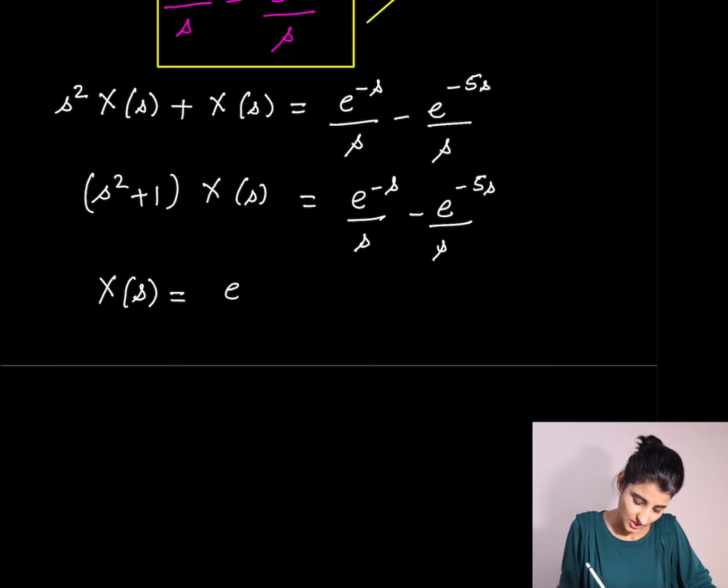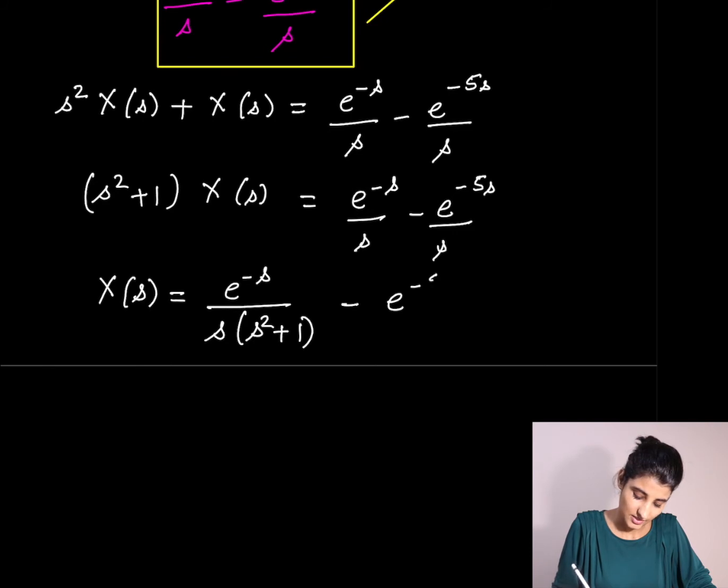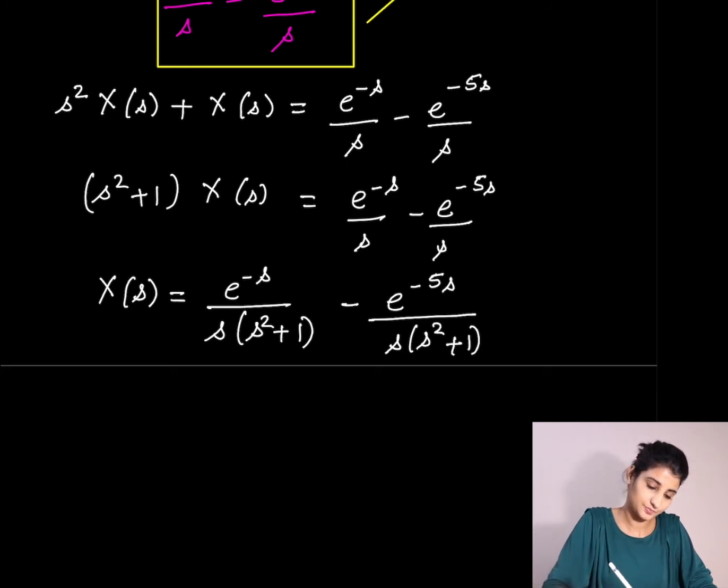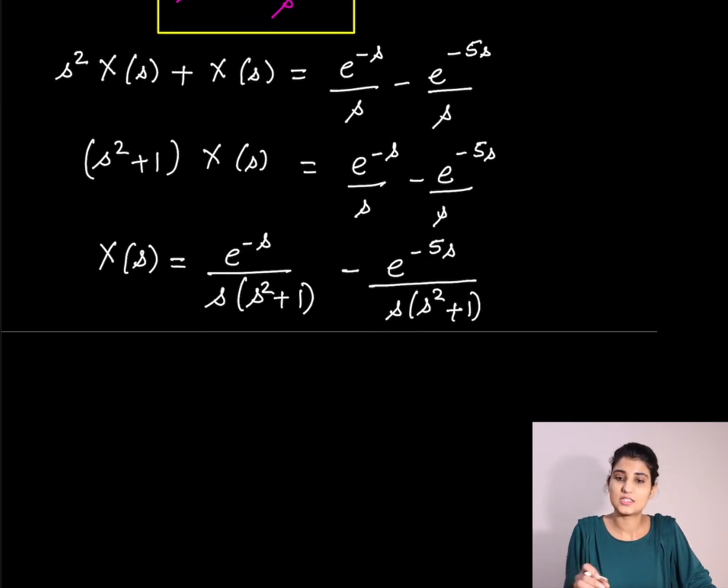So we have e to the power negative s divided by s times s squared plus 1, minus e to the power negative 5s divided by s times s squared plus 1. And now we want to take the inverse Laplace transform. So let's take it term by term.